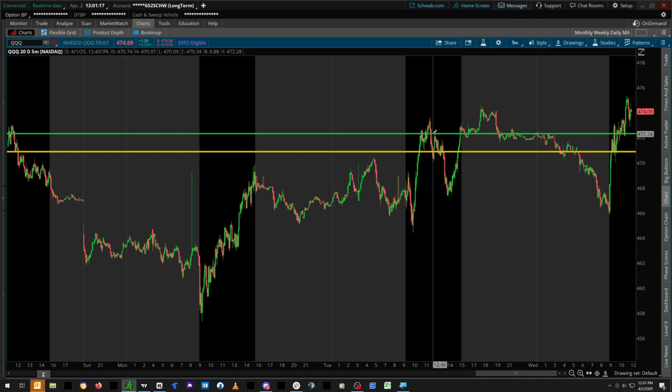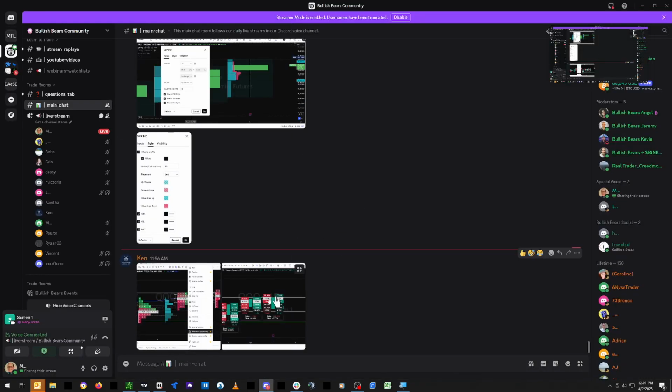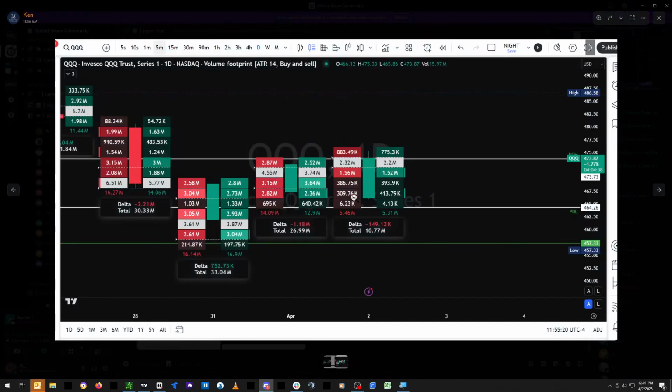The images in the chat show it from TradingView's perspective. Okay, let's bring that up. Thank you for bringing that up. So here we see it laid out a little bit differently, and I'm sure you could tweak it some.